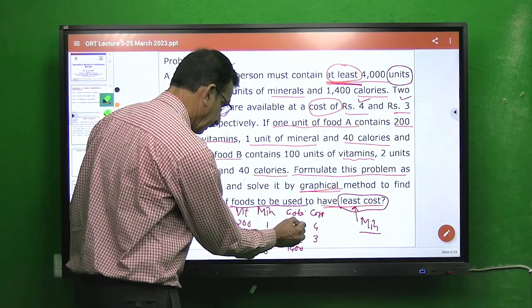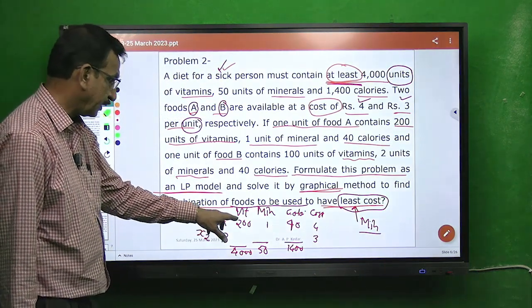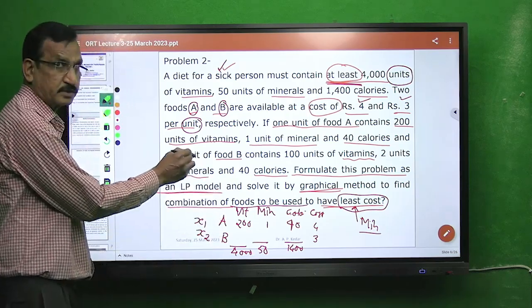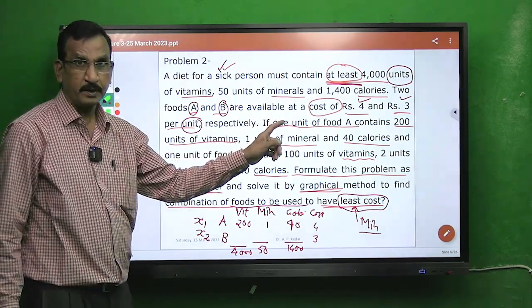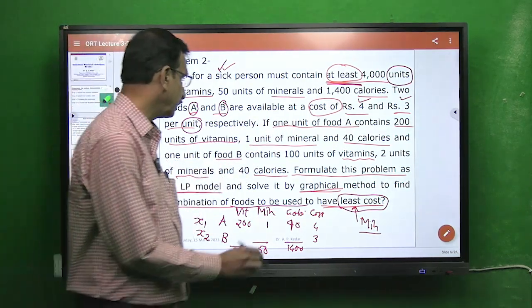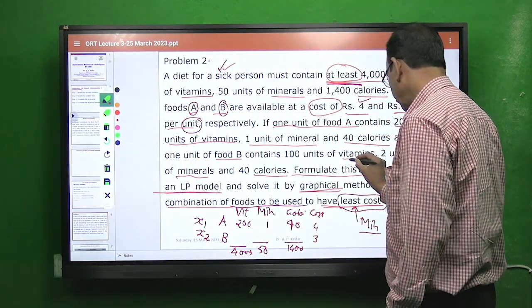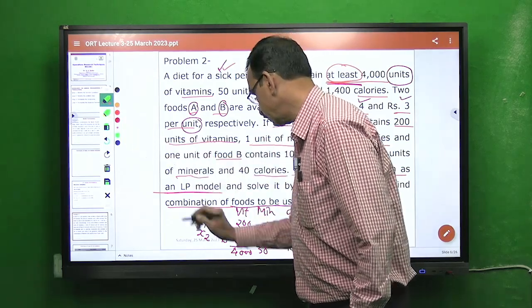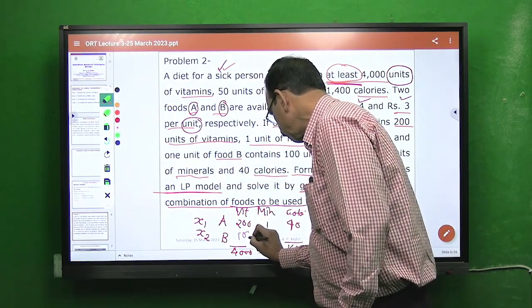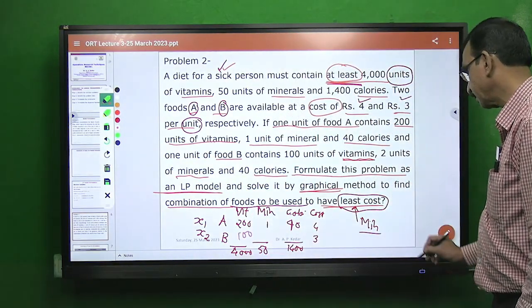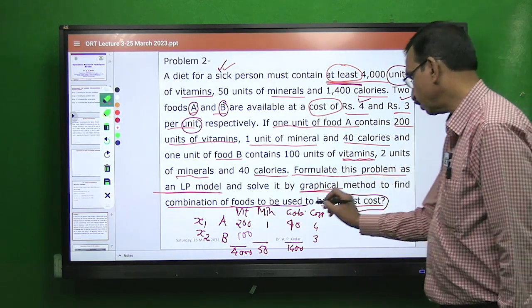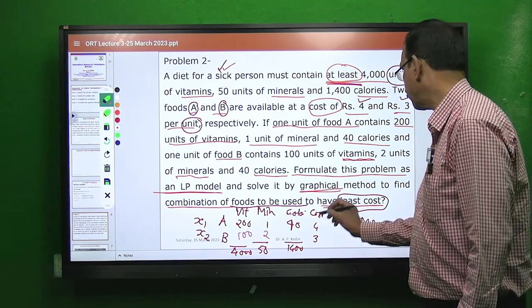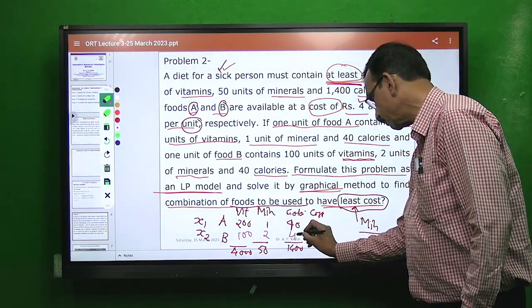This is the content of food A. Similarly, he has given for food B. The contents of food B are like this: 100 units of vitamin, 2 units of mineral, and again the calories are the same in both cases.